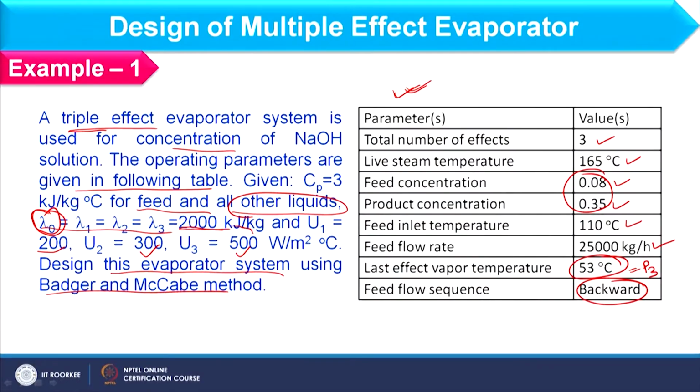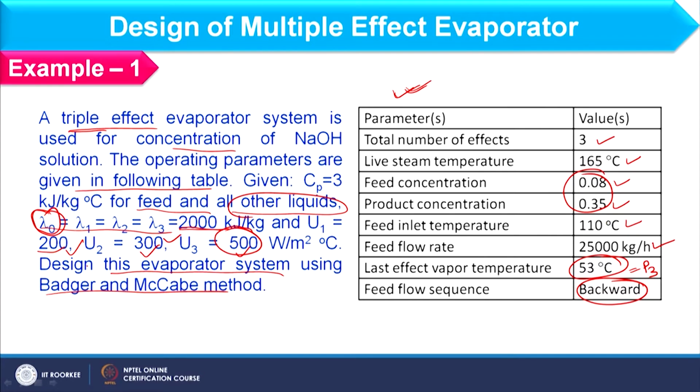So, if we focus on overall heat transfer coefficient, you see the last effect overall heat transfer coefficient has the maximum value and it keeps on decreasing when we move from the last effect to the first effect, and the reason is very simple. When the feed is entering into the last effect, it has the highest flow rate, right, and when it enters into the second effect, some amount of this feed is converted into vapor.